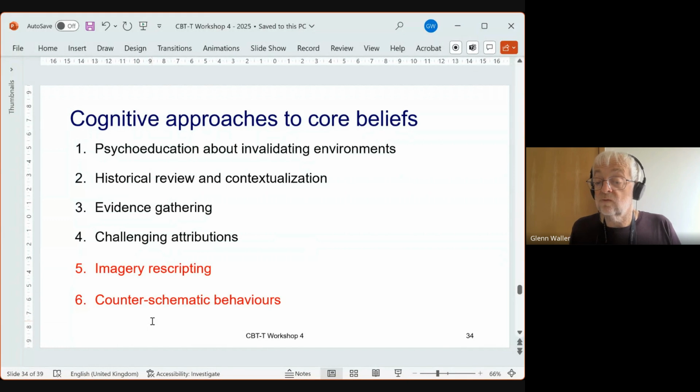But when I talk about imagery rescripting, one of the things I'll talk about is the way that when we're very young, we tend to store things in a very emotional, perceptual way. We know that from the PTSD literature, from the social anxiety literature, from the eating disorder literature. We tend to store things away when we're very young as being an emotional experience.